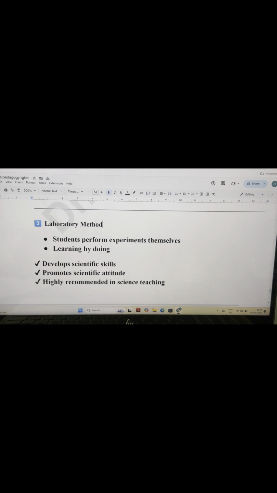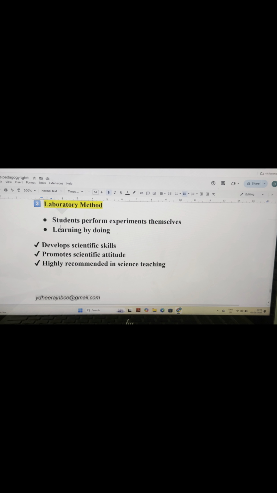The third method is laboratory method. Here it is the opposite of demonstration method. Students perform experiments themselves. Learning by doing, this is called a practical method. Learning by doing method is laboratory method. L for laboratory, L for learning. Here scientific skills are developed by students.